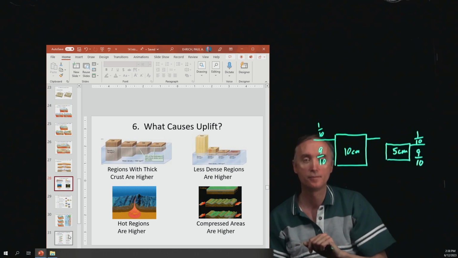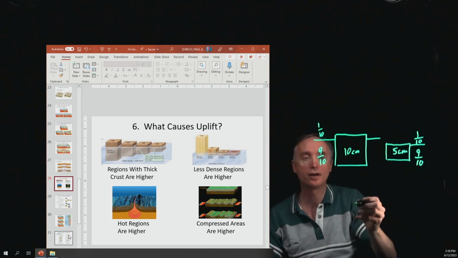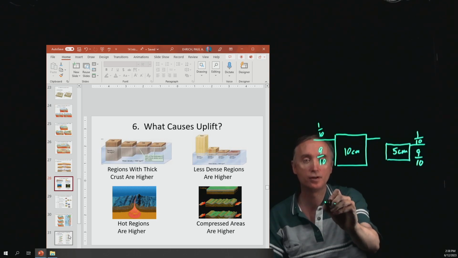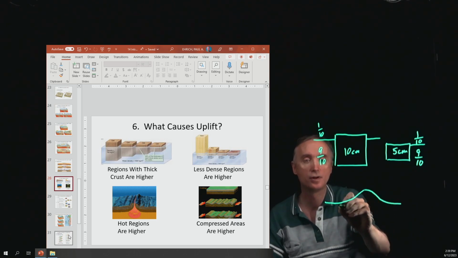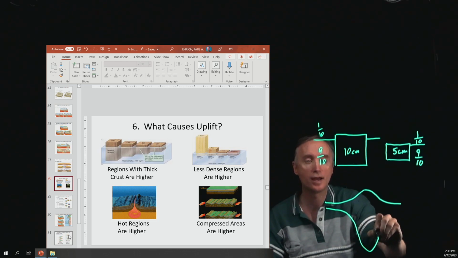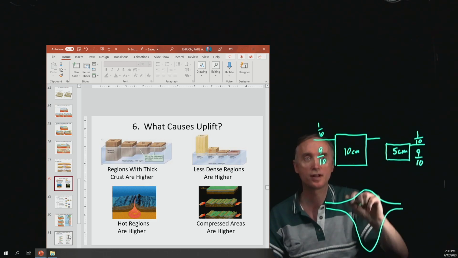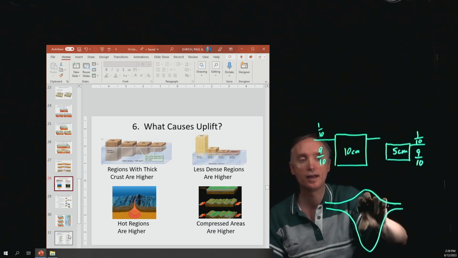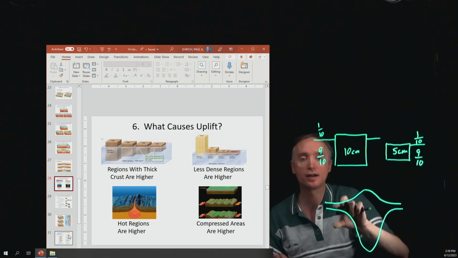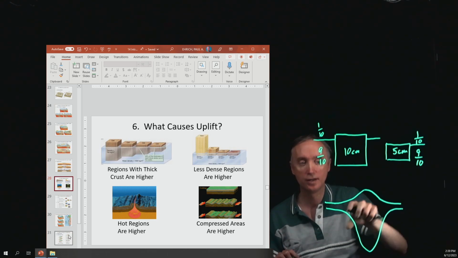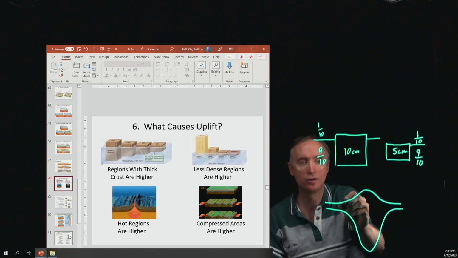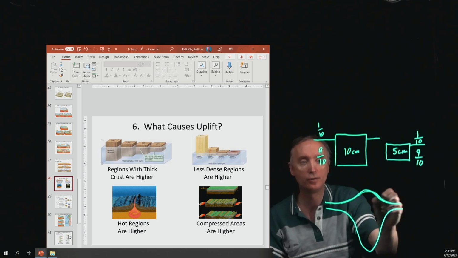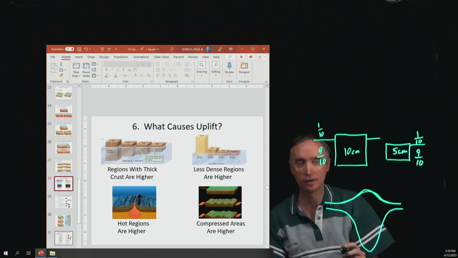And so if you've got a mountain system, let's say a mountain like this, it turns out that a mountain has a root, just like this piece of ice here. So this mountain is kind of like floating in the mantle. It has a deep root that goes down, and just a small amount of that mountain is sticking up out of the ground.